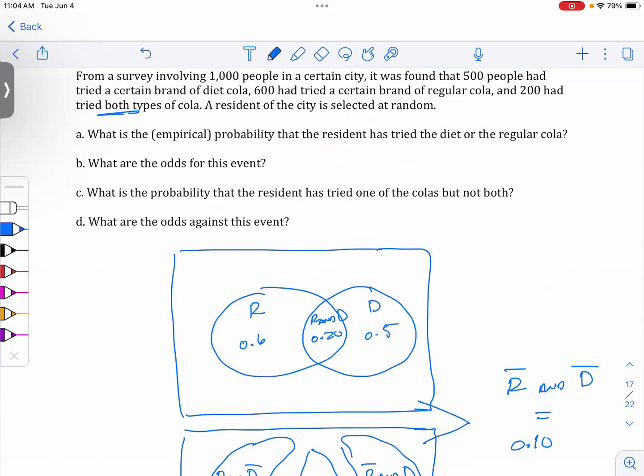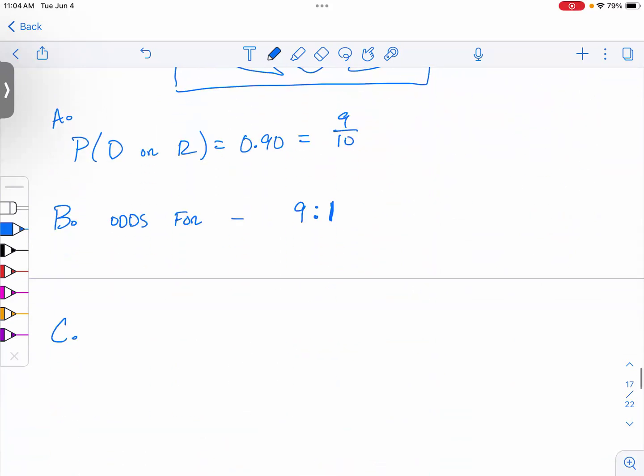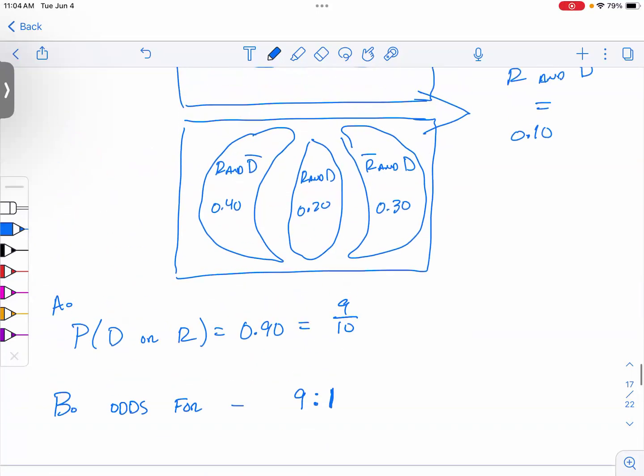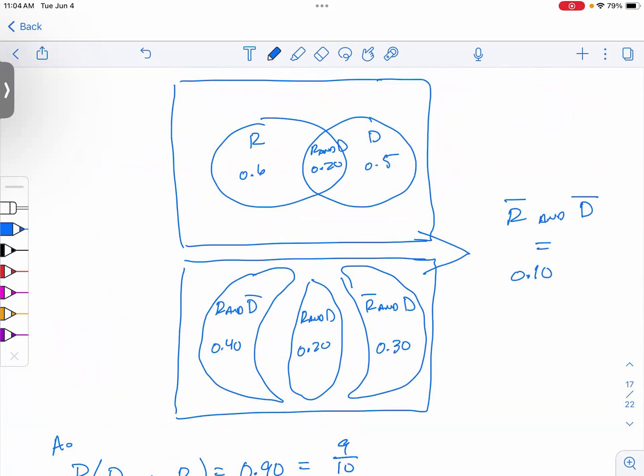What is the probability that the resident has tried one of the colas, but not both? There is no great probability statement for this with our notation. I can write it, but it's kind of ugly.